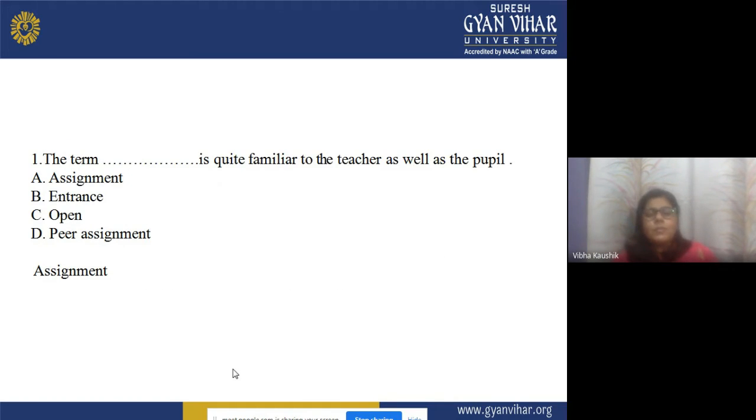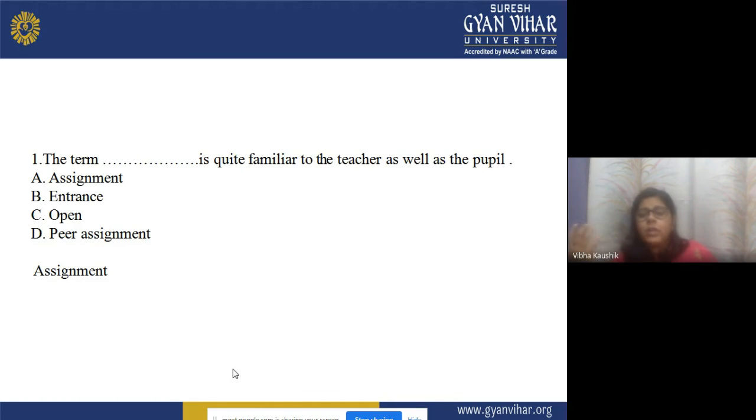Now let us discuss some MCQs, as MCQs are the best way to find out the learning outcomes of the lesson. Now, the first one is: the term dash is quite familiar to the teacher as well as the pupil. Now, which term is quite familiar to the teacher as well as to the pupil?